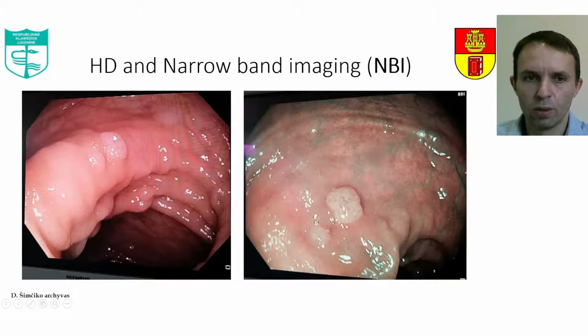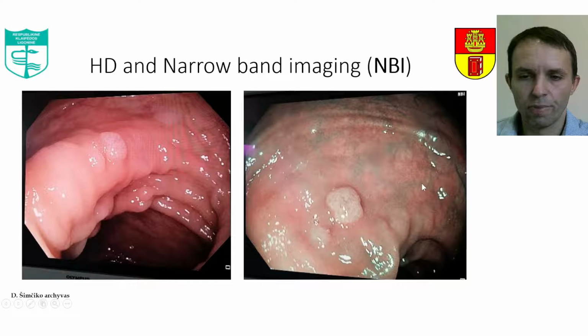On the left, we see a high definition image, and on the right, we see a narrow band image. In all the chromoendoscopy image systems, usually blood has a black color. This is how we can see vessel patterns. In these images, there's an example of a hyperplastic polyp.